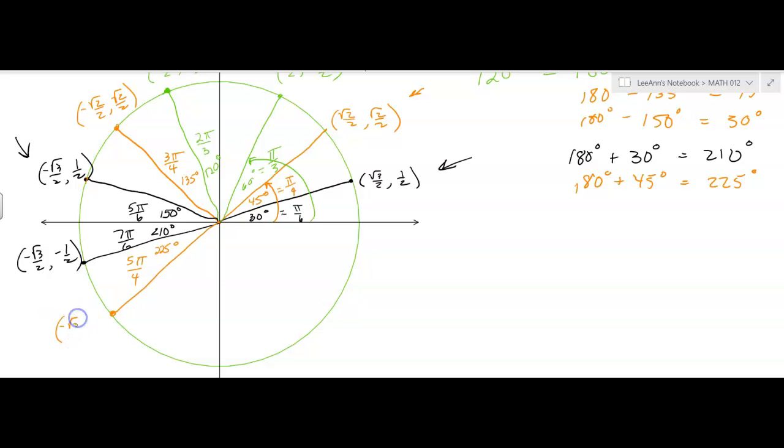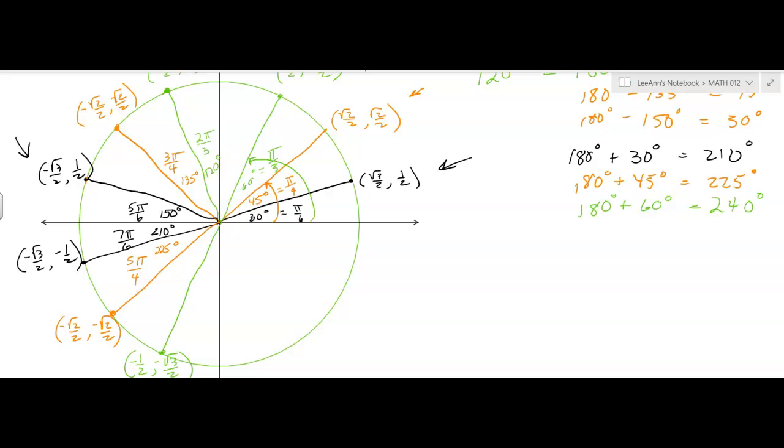So negative square root 2 over 2, negative square root 2 over 2. Okay, now we've got to do the 60 degree one. It's going to be right here, and that's going to be 180 plus 60 degrees, which is 240. 240 is going to be a 60 degree reference angle, but they're both negative. So it's going to be negative 1/2, comma, negative square root 3 over 2.